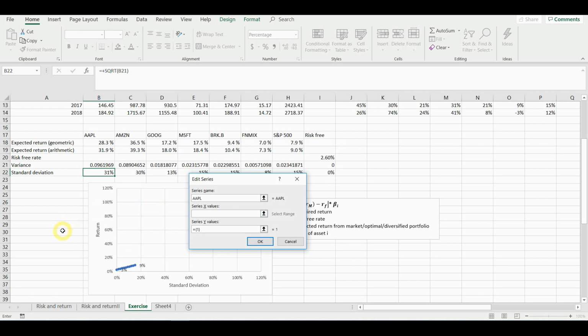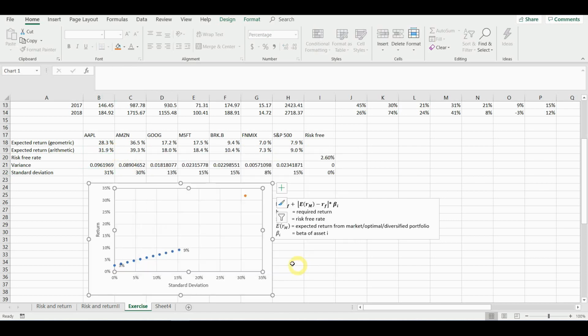X value is the standard deviation. Y value is the return. There.